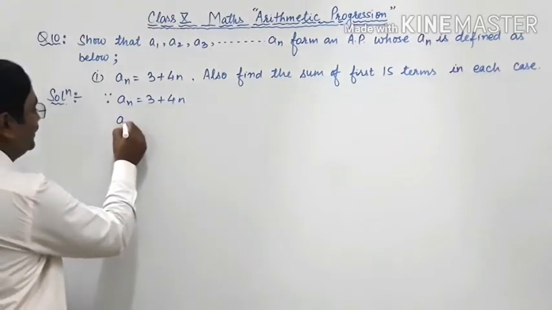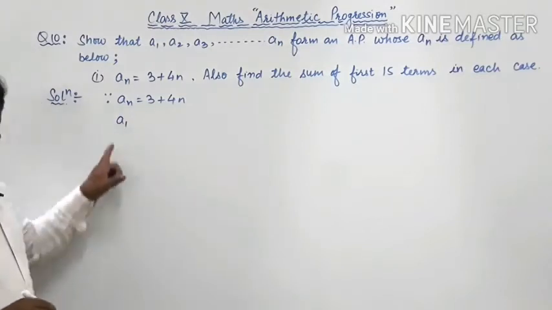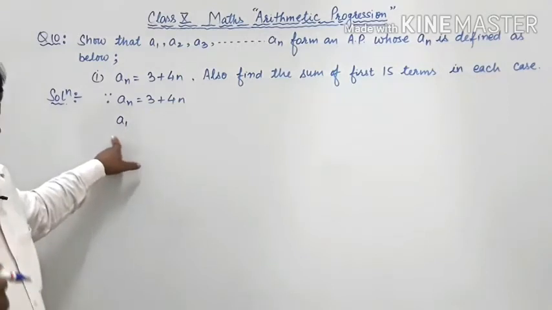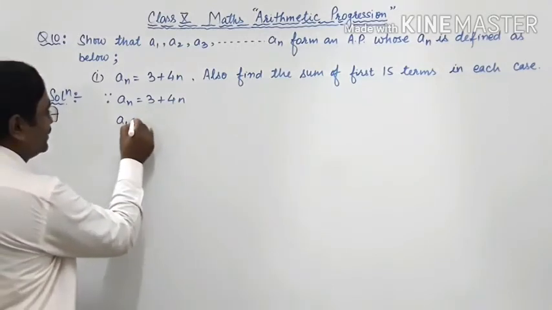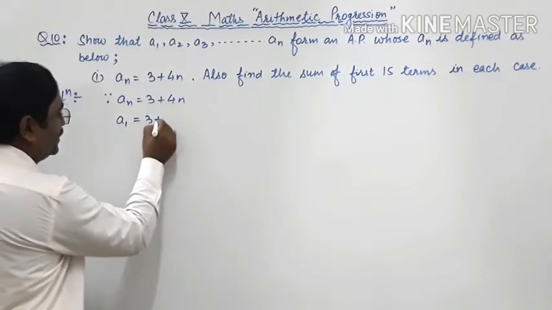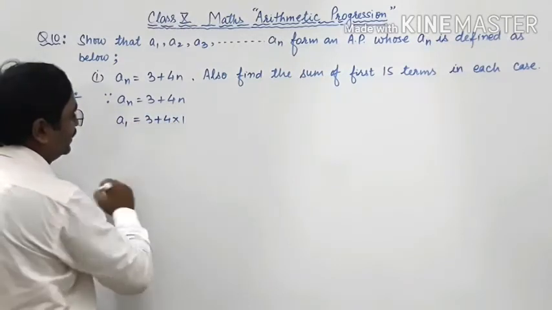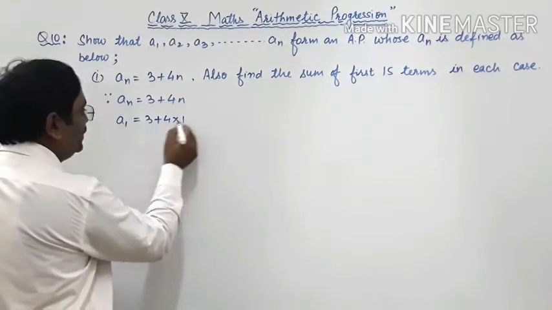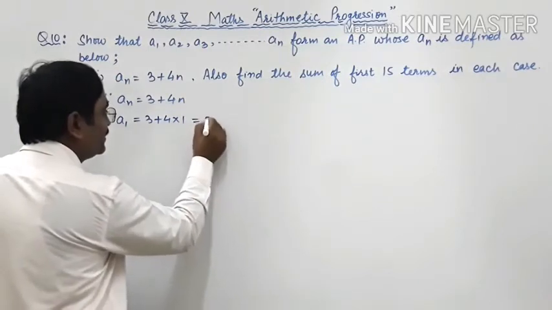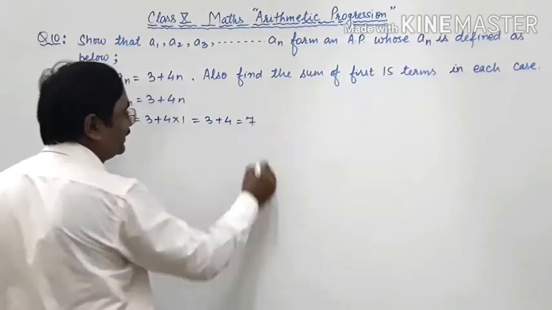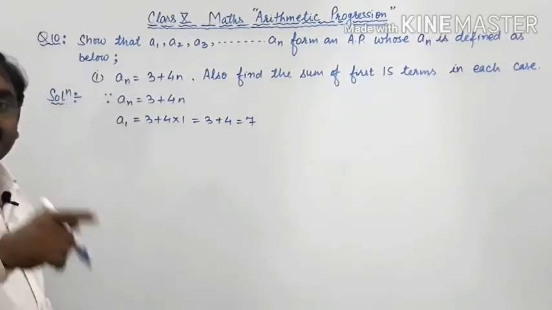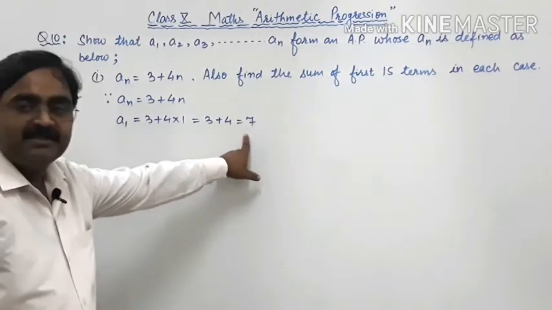A1 means n is equal to 1, which gives you the first term. Substitute n is equal to 1 in this equation, you will get 3 plus 4 multiplied by 1. So 3 plus 4 ones are 4, which gives you 7. It means the first term of this arithmetic progression is 7.